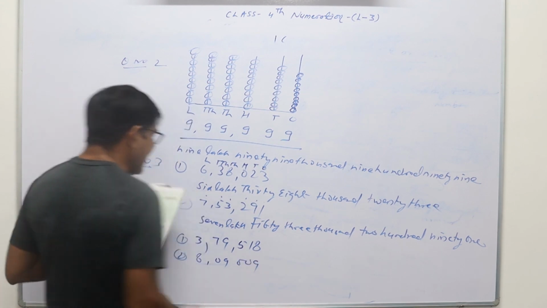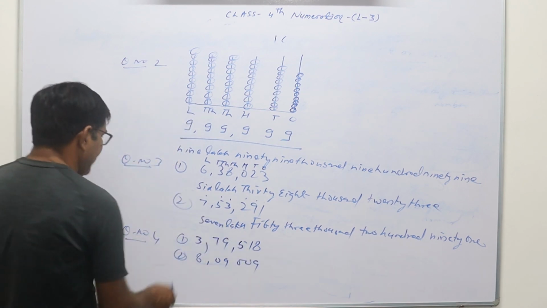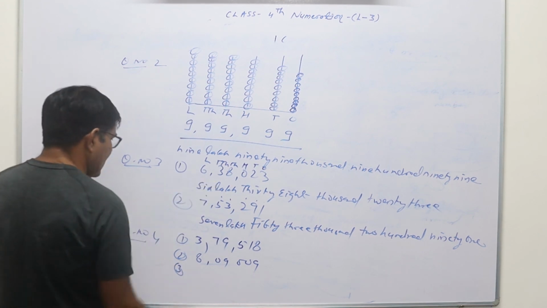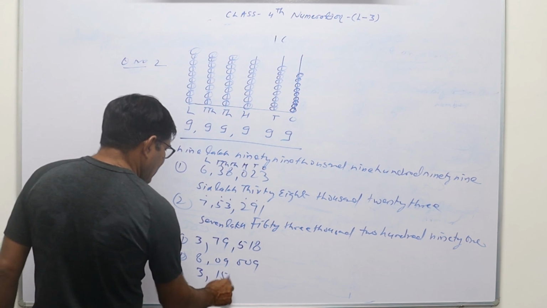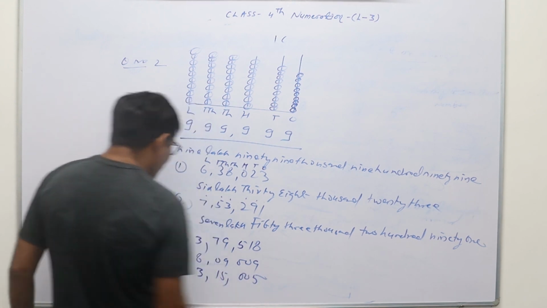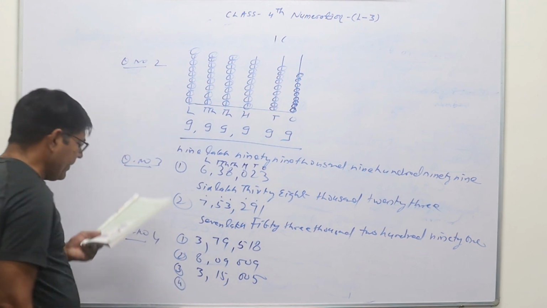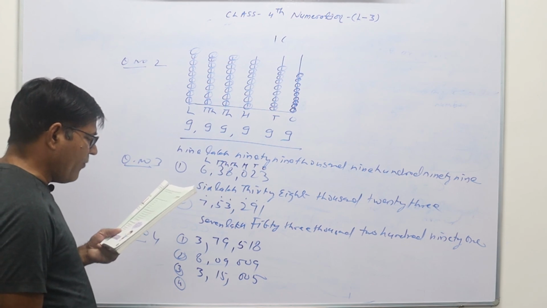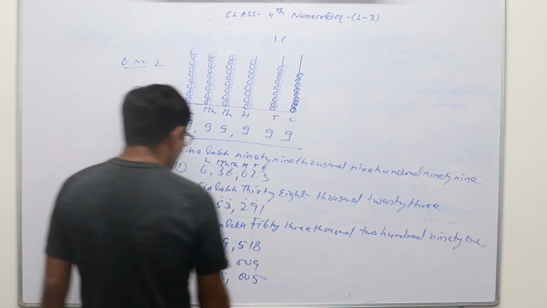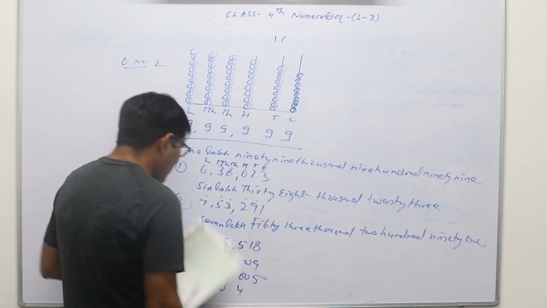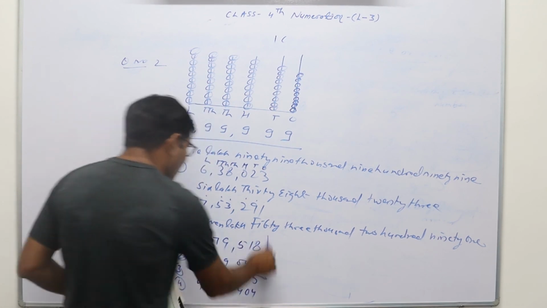Question number 3, 3 lakh 15,005. Then question number 4, 4 lakh 404.